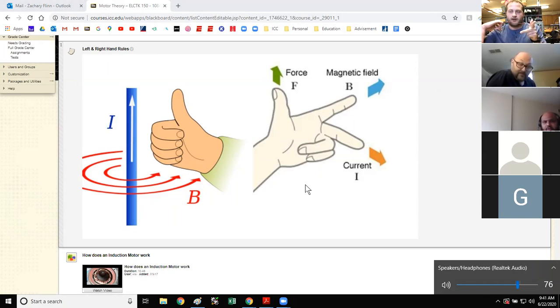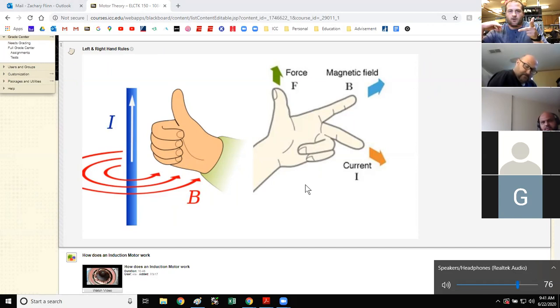F at that point is going to be the force. So if the current where I'm holding straight out is going in this direction towards my right shoulder, the magnetic field is in this direction, I'm going to get a force on this wire straight up.